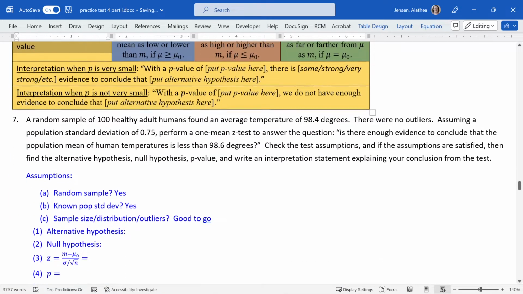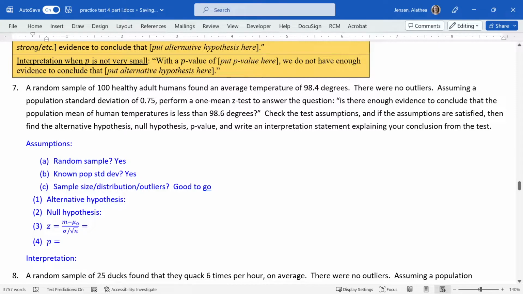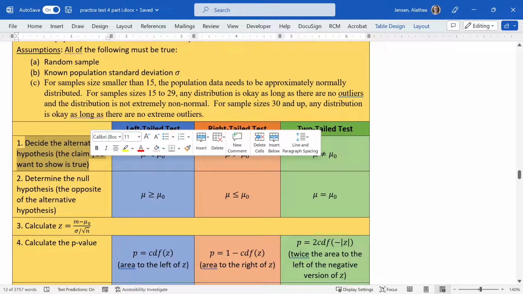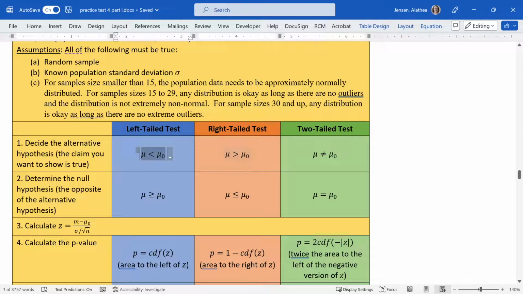So first, the alternative hypothesis. So for this, you can refer back to the table here. So this is the claim that you want to show is true. And there's 3 things that it could be: mu is less than something, mu is greater than something, or mu is not equal to something, where mu is the population mean for the population in question.